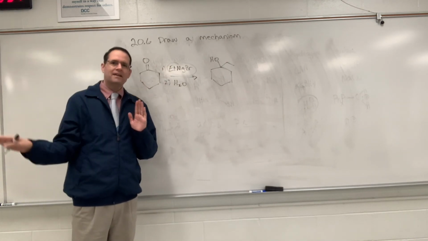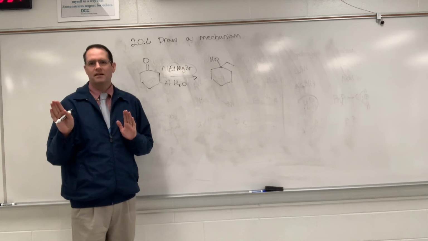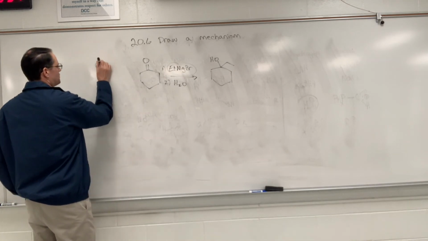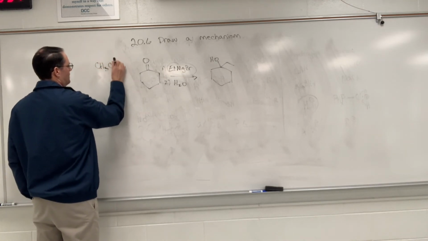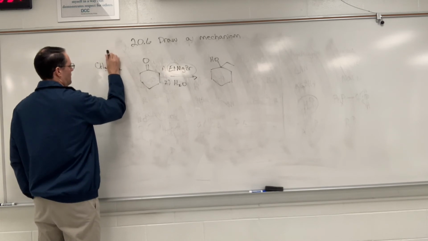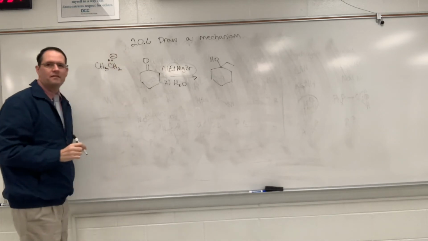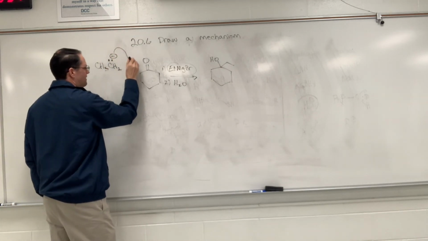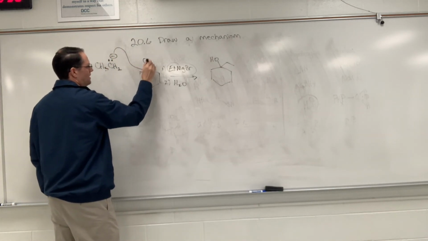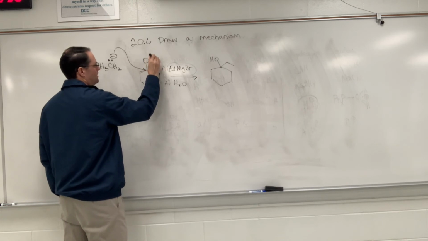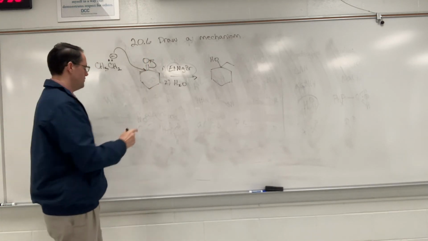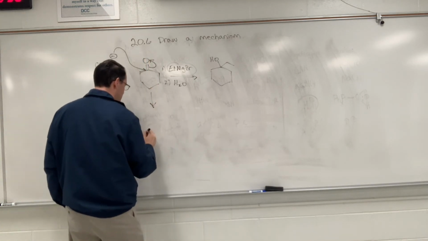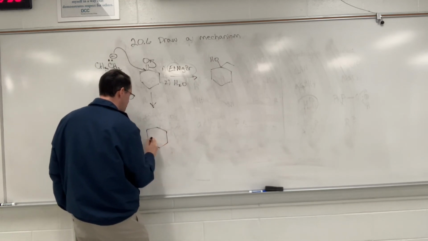We ditch the magnesium, which is a spectator ion essentially, and so you can draw out the ethyl carbanion here. That's going to attack the carbonyl carbon. Electrons are going to swoop up to the oxygen. And we stop there. We want to draw the intermediate that forms from this.